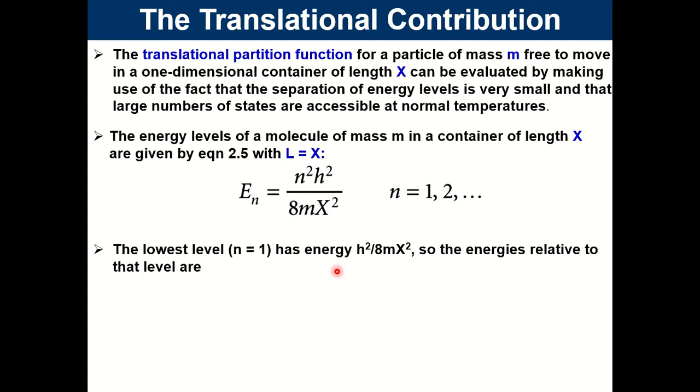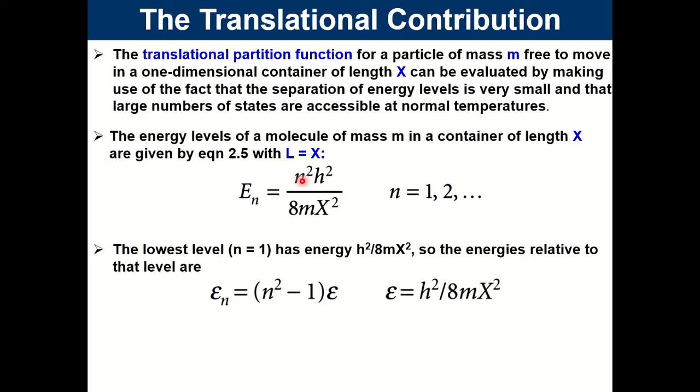The lowest energy level will be n equal to 1, so we can write the energies relative to this level. If we express this as epsilon, then epsilon n will be n squared minus 1 into this, where epsilon is h squared by 8mx squared.